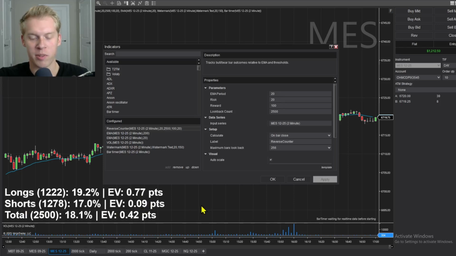And in general, there's a proprietary strategy behind the scenes, so this is just taking these trades with the risk and reward that we determine.